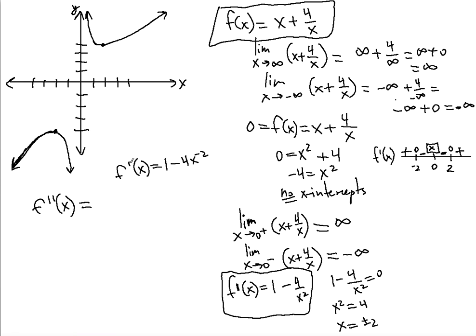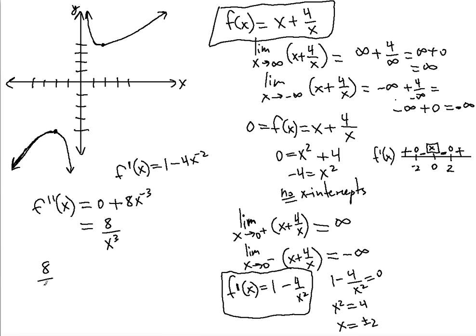So it will be 0, I can write the 0 just for fun, and then plus 8, right? Because negative 2 times negative 4 is 8. x to the negative 3. So it means that it's going to be 8 over x to the third.